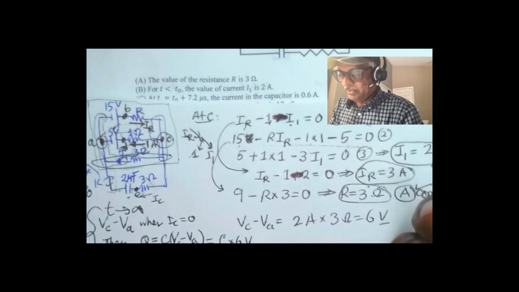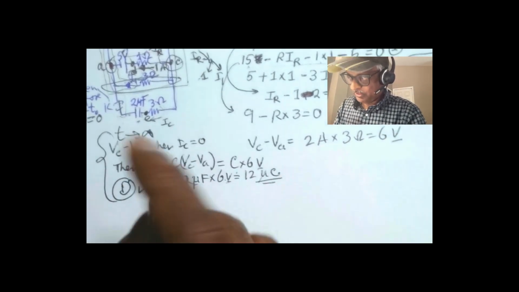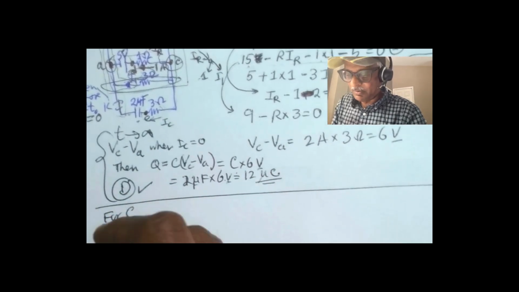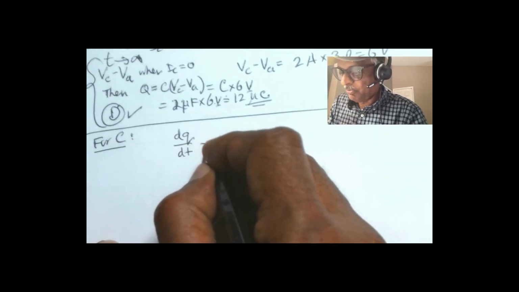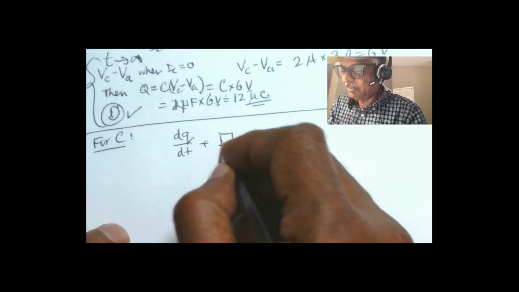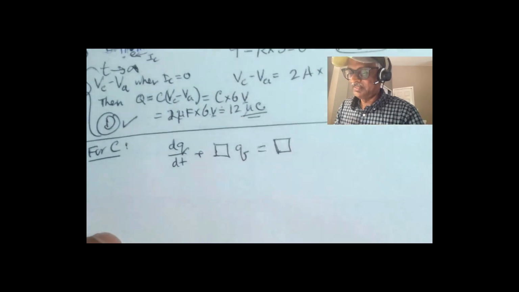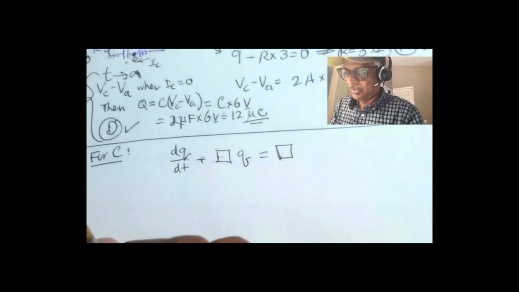Okay, so what we need to do for C is find dq/dt plus something q equals to something. So this is a charging equation. We need to find these guys.